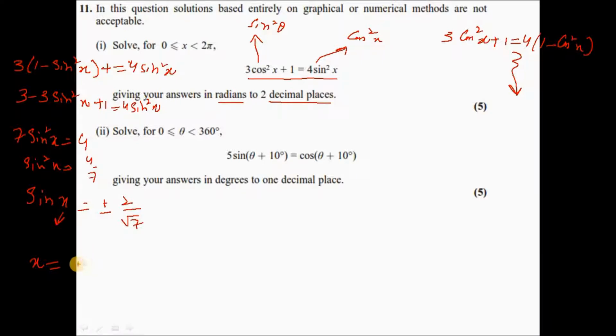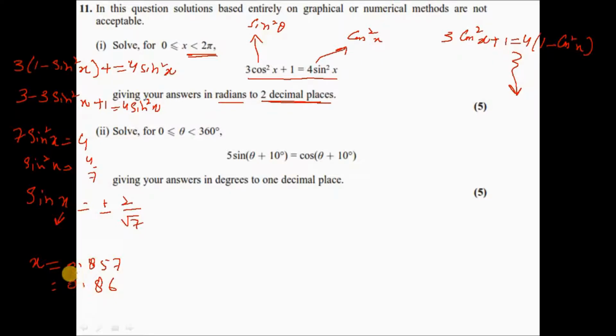So you need to find the angle at which the sine is 2 by root 7. Here there is one important point to keep in mind: the interval is given in radians, so make sure that you convert your calculator mode from degree to radian. Once you convert into radian and calculate x, you will get 0.857, and we need to give the answer to 2 decimal places, so you can round this off to 0.86.